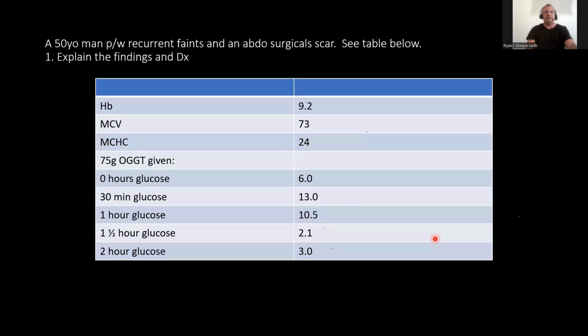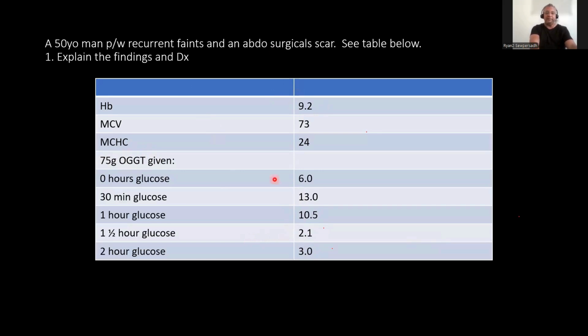50-year-old male presents with recurrent faints and abdominal surgical scar. Now, why are they telling us abdominal surgical scar? Let's have a look. He's got a microcytic anemia. Okay, if you give him a 75-gram oral glucose load, what happens is that the sugar rises as expected, but when you hit 90 minutes, the sugar drops to 2.1 and then to 3. Now, if you put everything together, this recurrent faints probably due to hypoglycemia, abdominal surgical scar probably due to gastrectomy.